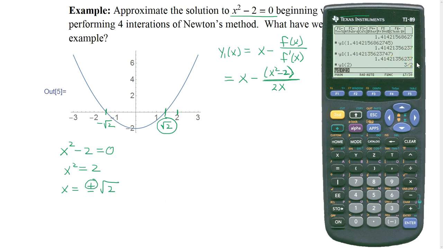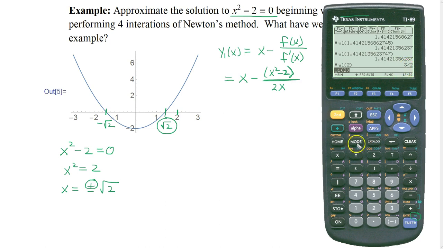Now let me point something out on the TI-89. If you want to get 1.5 here, normally we want a decimal answer here. If you look on the TI-89, there's a little approximation symbol right down here. You can hit green and then enter, and that will give you a decimal representation instead of 3 divided by 2.